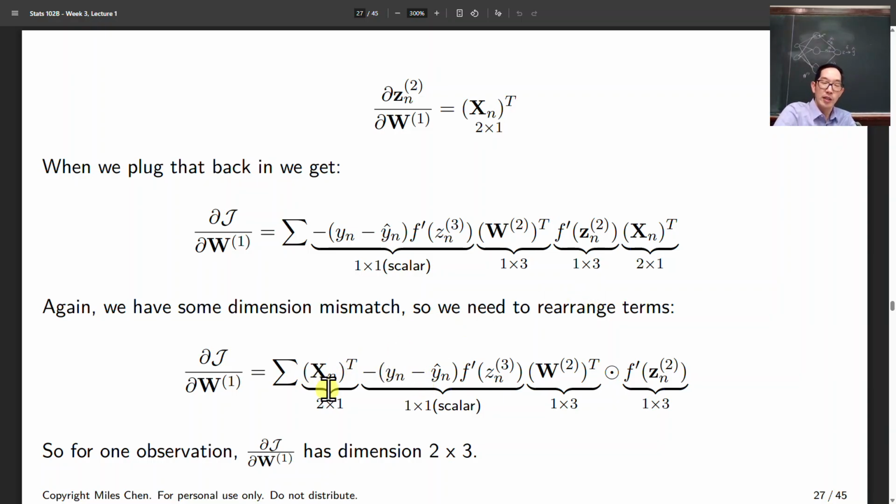So for each observation, we're going to take our nth observation in X transpose. That's going to be 2 by 1. All of these are scalar values. Our W2 matrix is 3 by 1, and so we'll take the transpose of that. We have element-wise multiplication between that and each of the elements in our second Z matrix here.